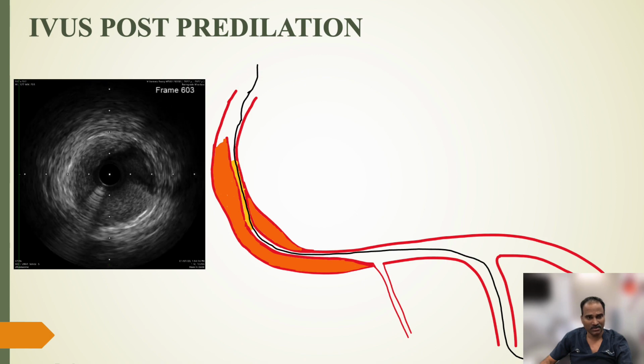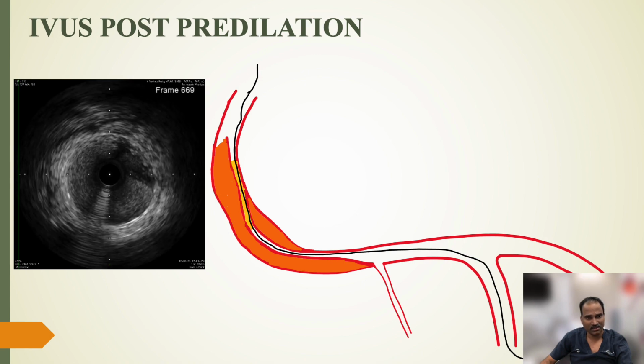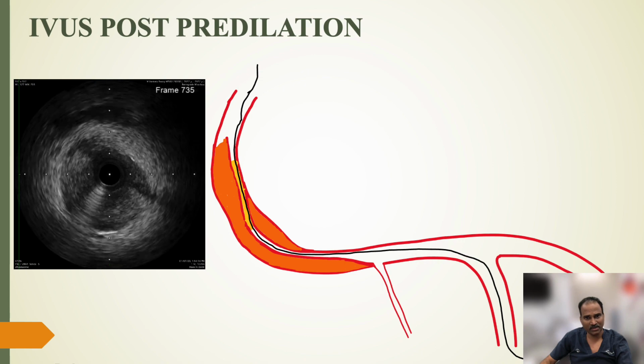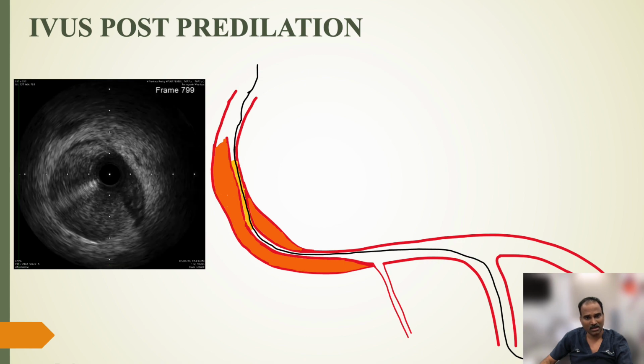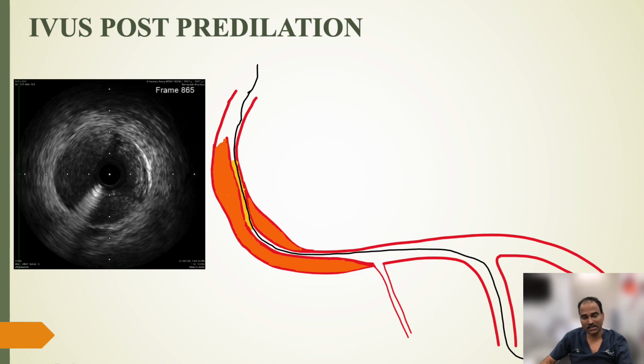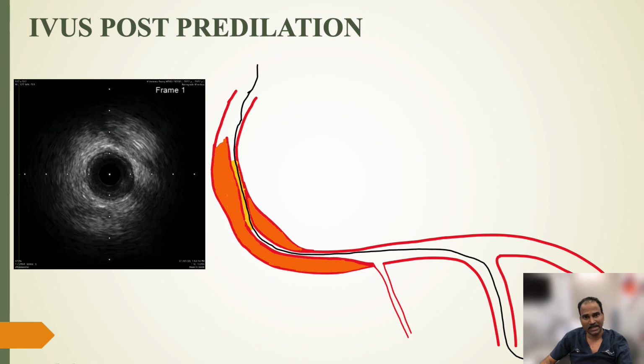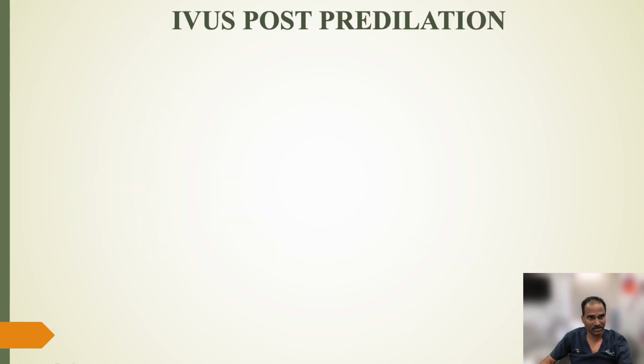So it is prudent to make some fenestrations so that it will drain back into the true lumen, and the IMH won't propagate on either side of the stent edges.